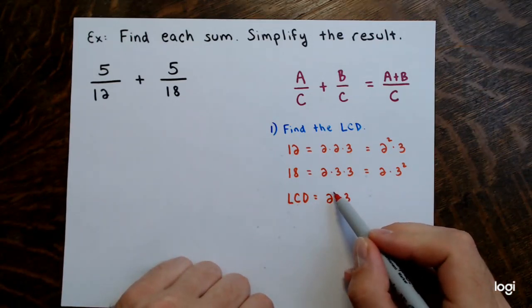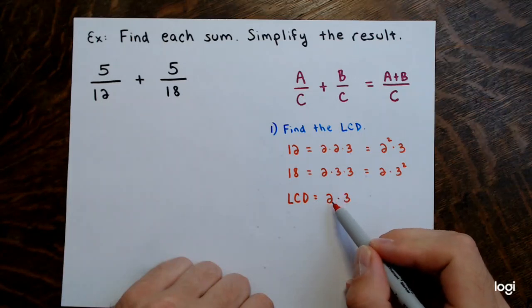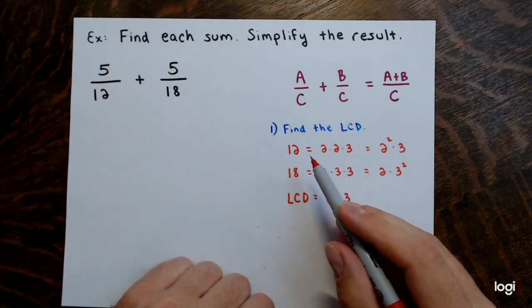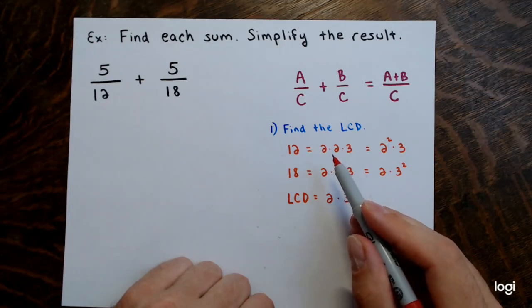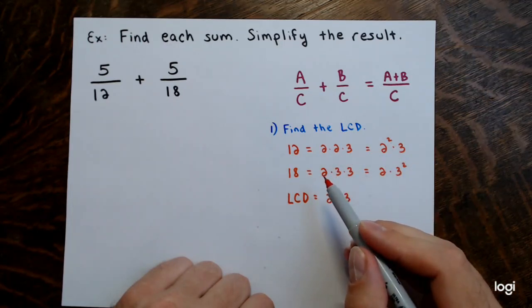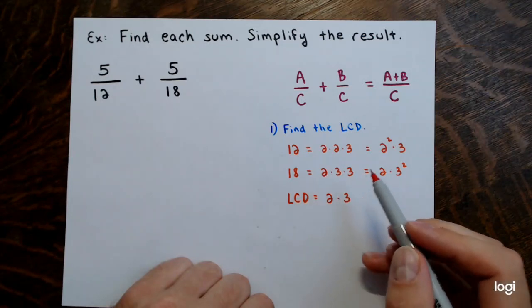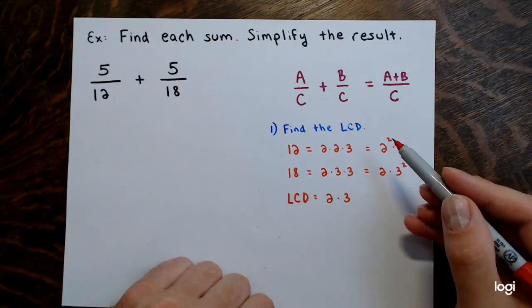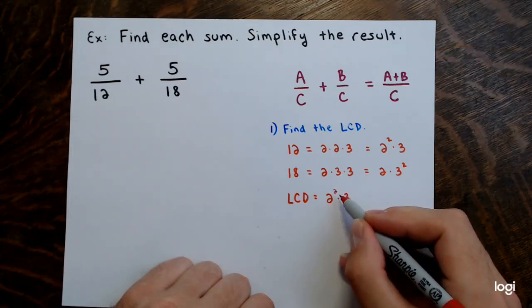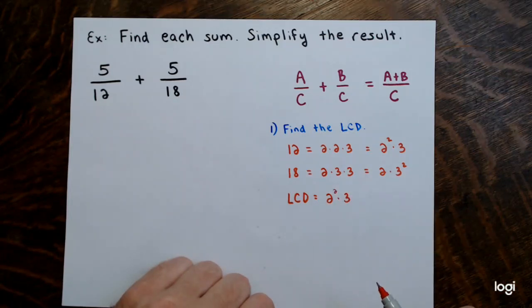It's the greatest number of times 2 shows up in any of the factorizations of the denominators. So you see in 12's factorization, 2 shows up twice. You got 2 squared. And in 18, the other denominator, 2 shows up only once, so 2 to the first. The largest of 2 and 1 is 2, so that's the power on 2 in the LCD's factorization.